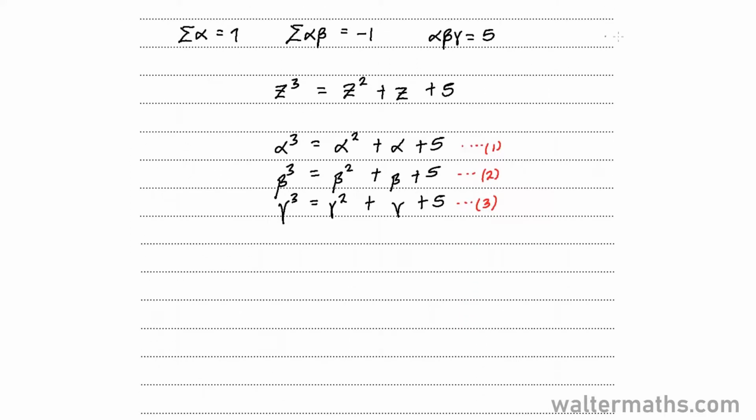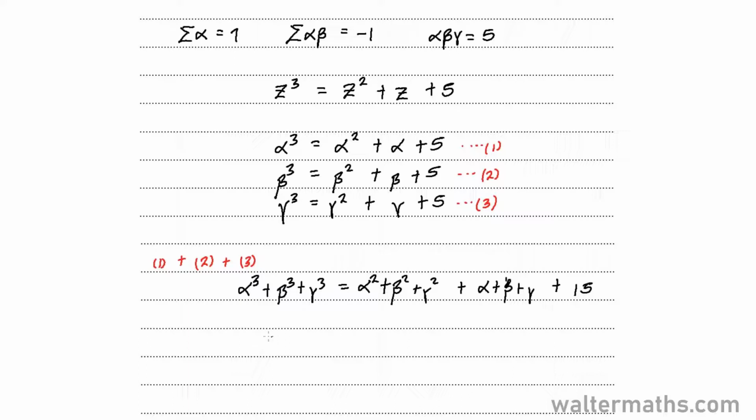Now if we add up the 3 equations, that's equation 1 plus equation 2 plus equation 3, then we'll have on the left side alpha cubed plus beta cubed plus gamma cubed equal to alpha squared plus beta squared plus gamma squared, plus alpha plus beta plus gamma, plus 5 plus 5 plus 5, which is 15.